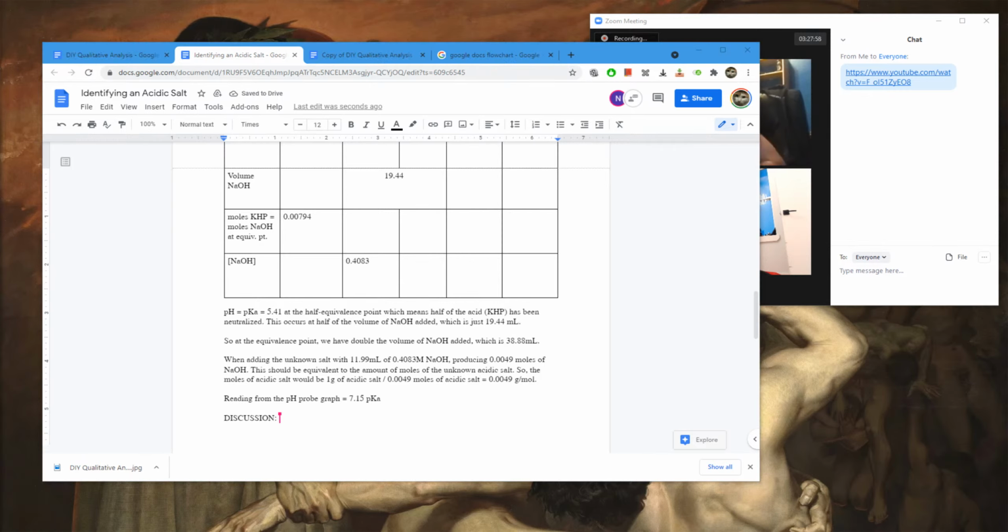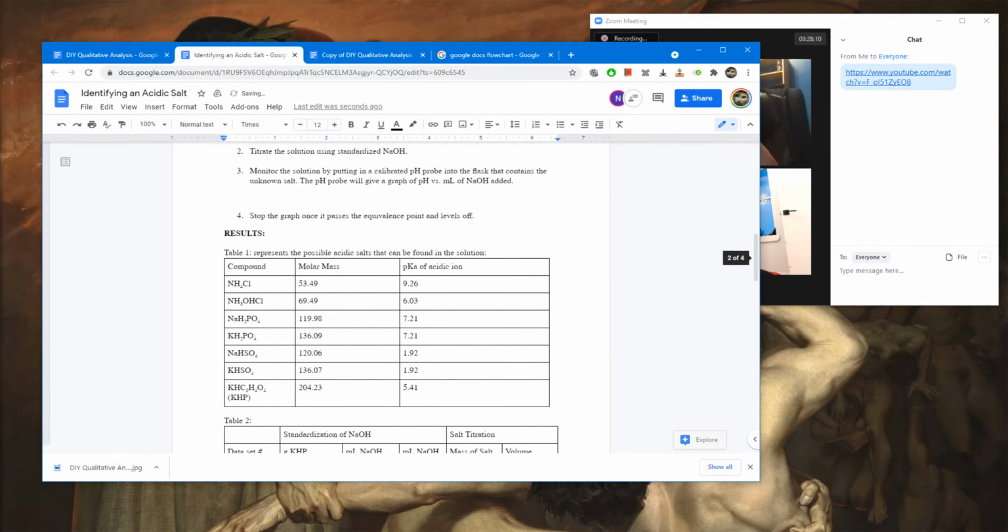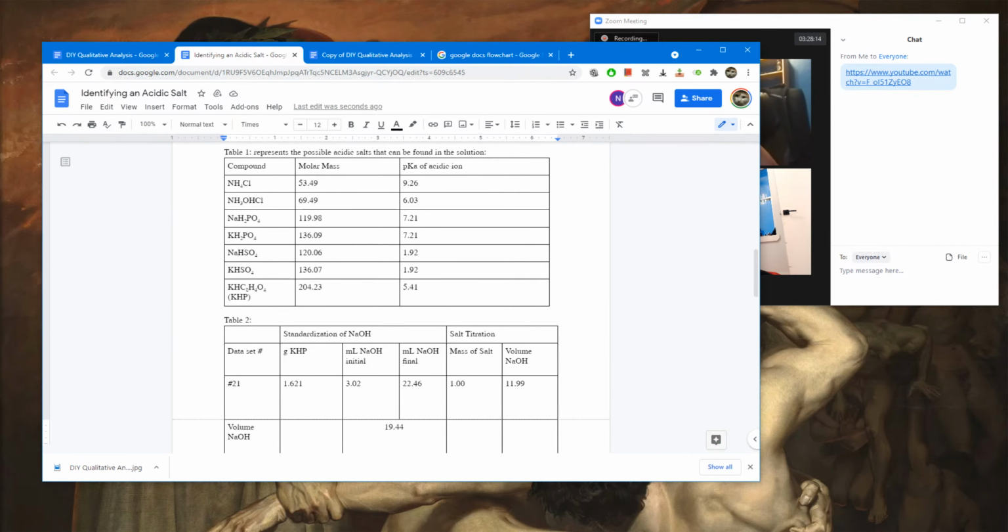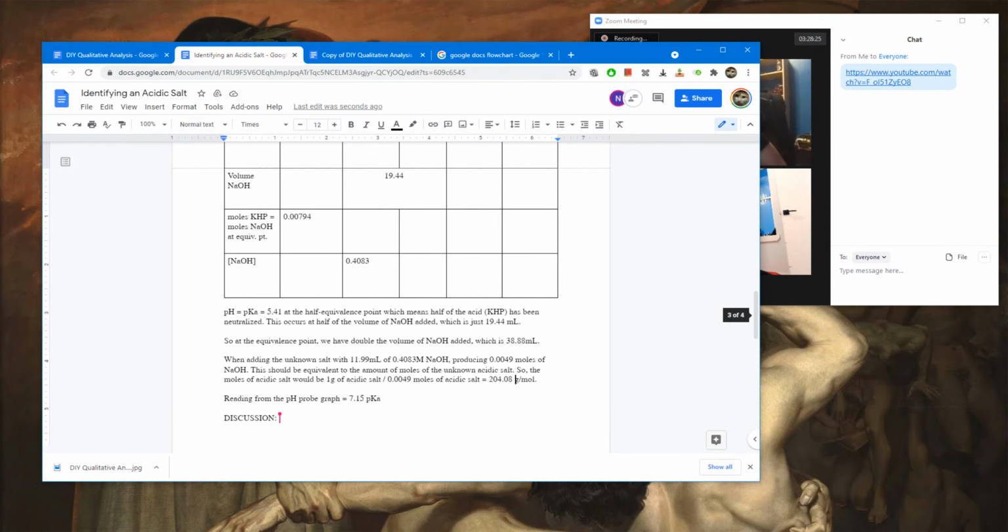So 1 divided by 0.0049 gives us 204.08 grams per mole. That is just KHP. Okay, KHP. Hopefully I did that right.